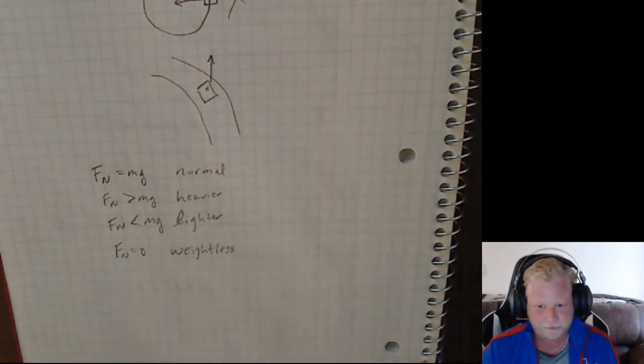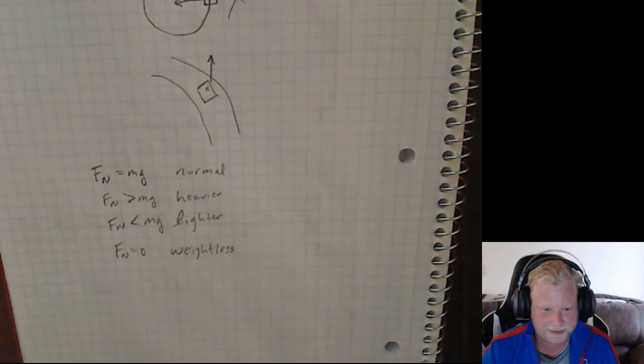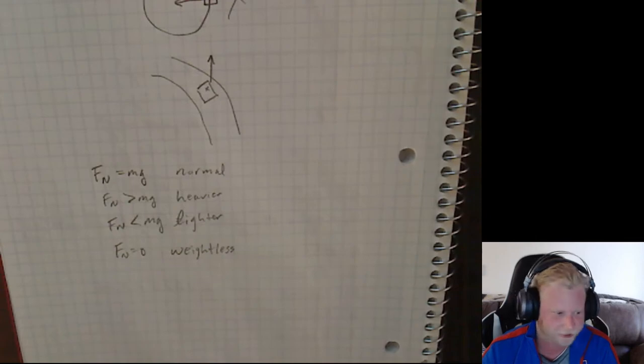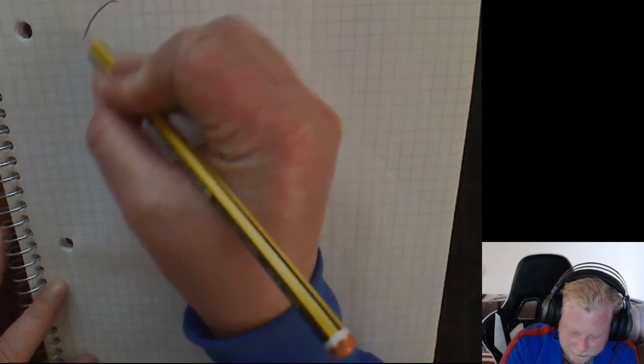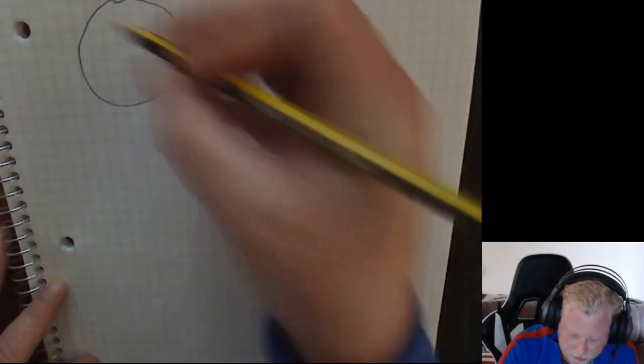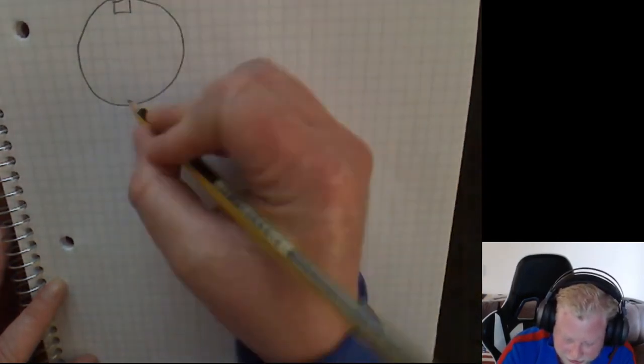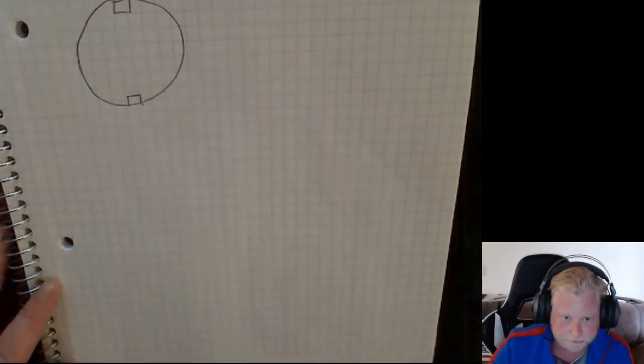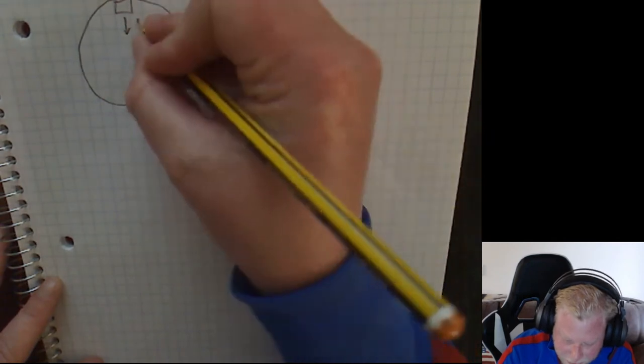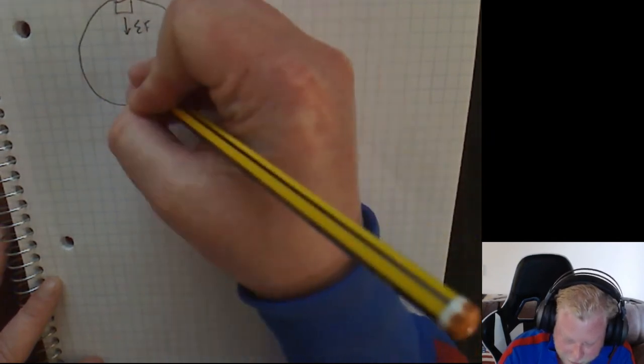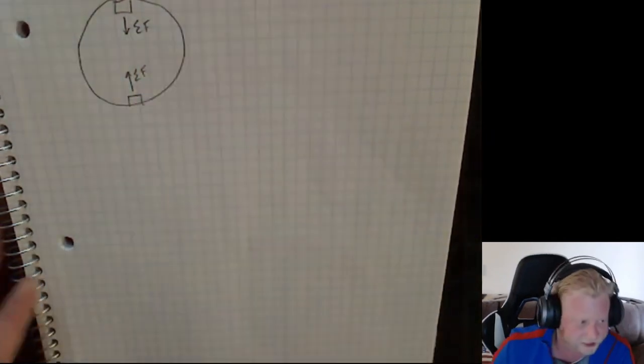And so let's take a look at, in the notes, there's a nice little roller coaster example there. So they give us a roller coaster and two positions, one at the top, one at the bottom. Now, in both positions, we know that our net force, the centripetal force, points towards the center of the circle.